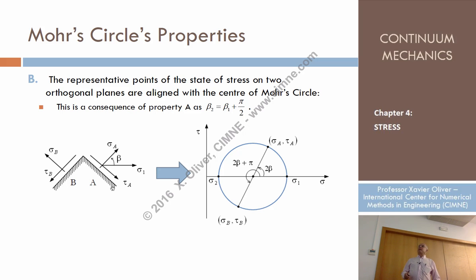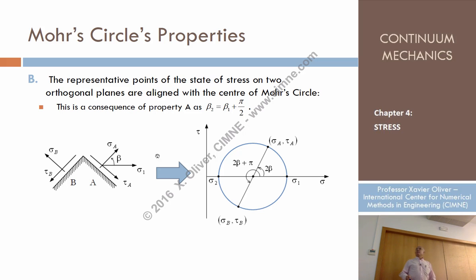To obtain the representative point of this plane A in the Mohr circle, what do I have to do? Starting from the representative point of the first principal stress plane, I move in that sense twice beta. So this would be the representative point of sigma A, tau A.